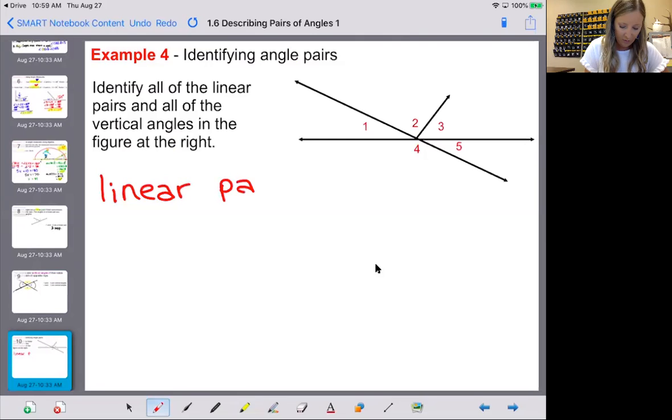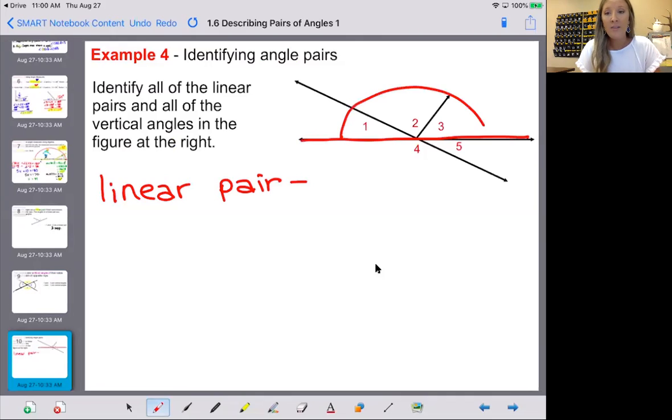Now, linear pair means that it is only a pair that forms a line. So this is kind of a hard one. So a lot of people, when they see this example, they think, okay, so here's my line, right? And all of these form that line. And so a lot of people want to say angle 1, 2, and 3 are a linear pair, but there's a problem. That's not a pair.